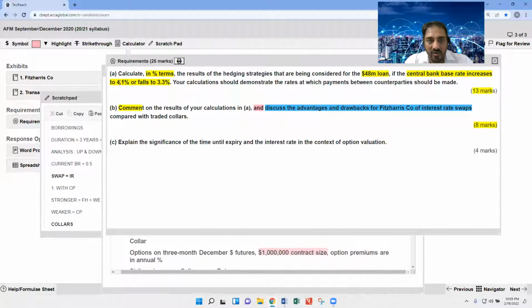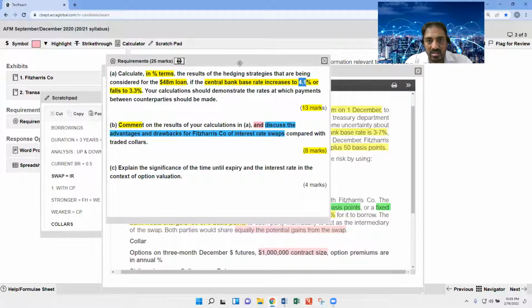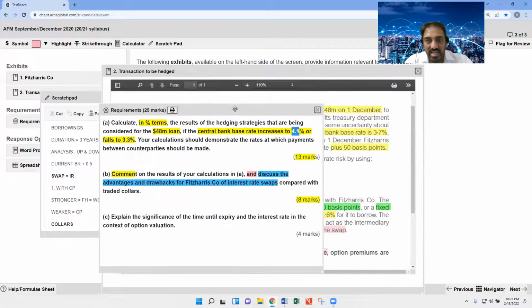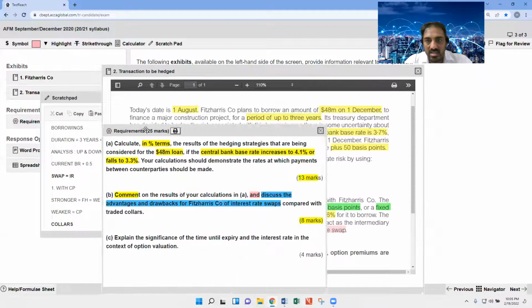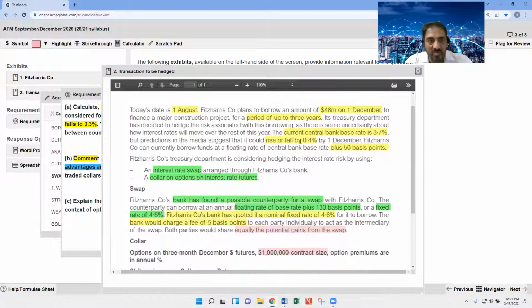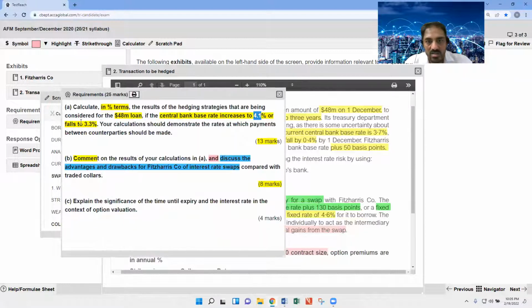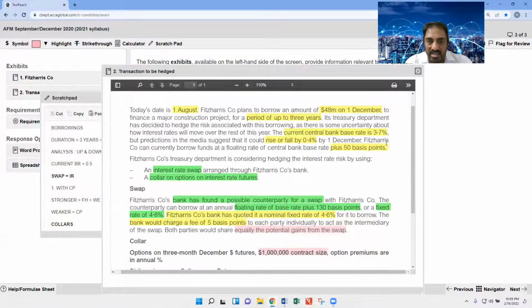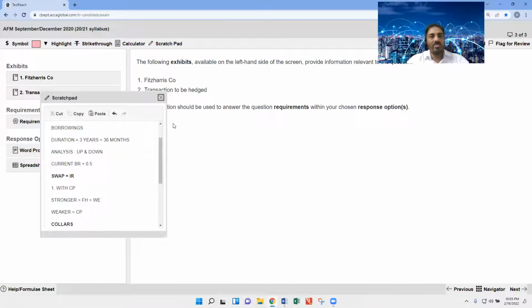Rise by 0.4 equals 4.1. Are you getting the point? And in the second analysis, 3.7 minus 0.4 is 3.3. That is the analysis. Hello, can you please reply? All of you are with me?